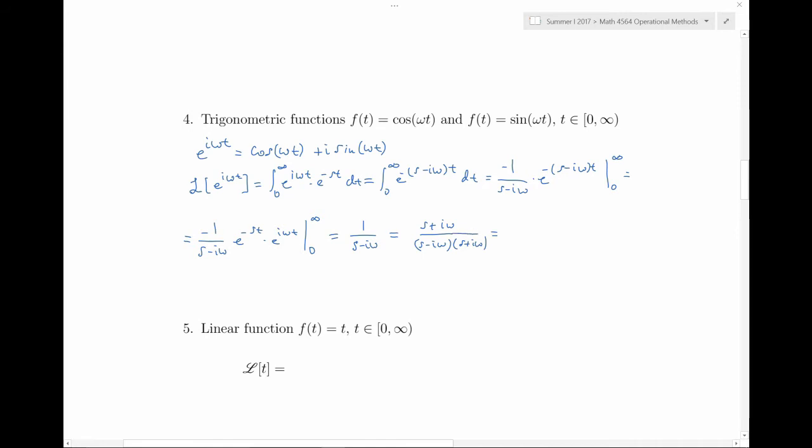And by the magic of complex arithmetic, this turns into s plus i omega divided by s squared plus omega squared. Well, this is very easy now to separate the real part and imaginary part.